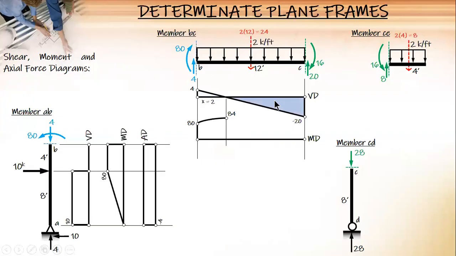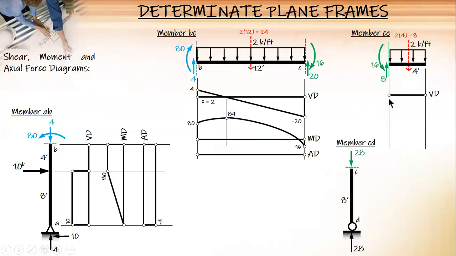And then this area, 1 half of 10 times 20, it's 100. No? So 84 minus 100, you have negative 16. Negative siya. And then axial force, wala man tayo axial, so as is lang na. And then CE, naa tay 8.